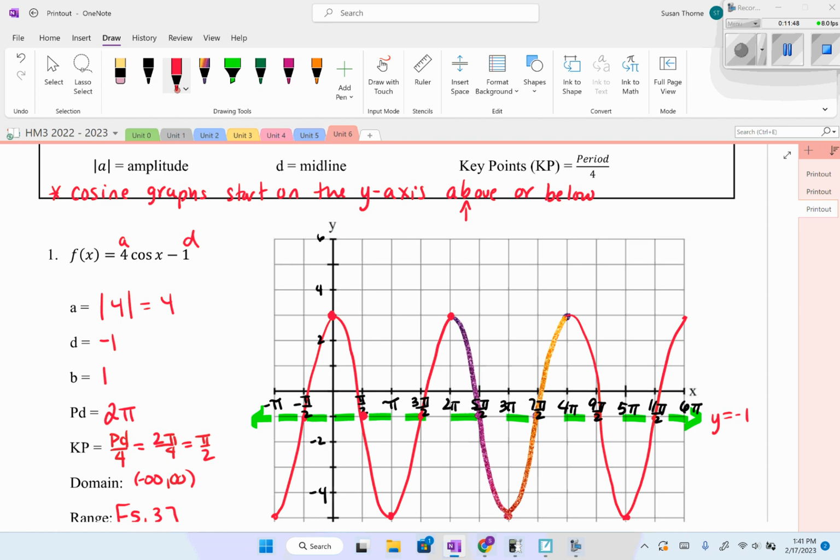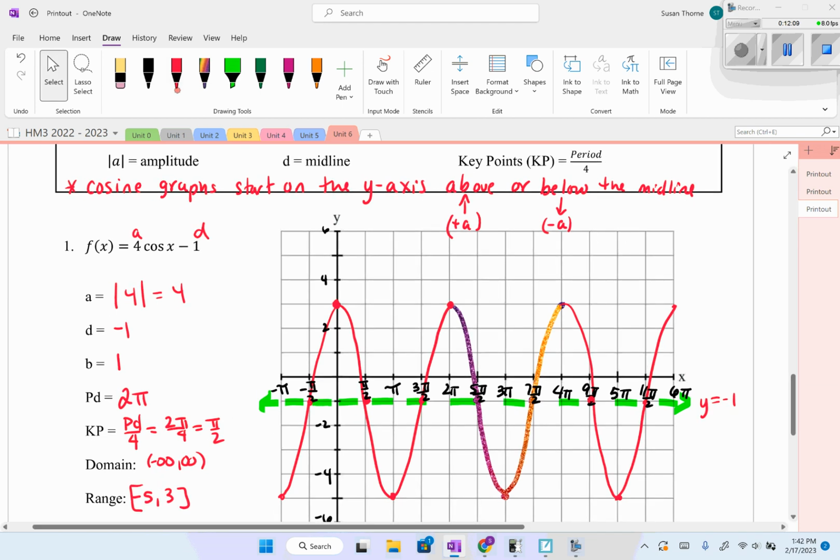So above if your a is positive, and if a is negative, then it would be below. I guess I should write this with the plus in front. The midline. Remember, sine starts on the y-axis on the midline, cosine is above or below, depending on if there's a negative in front. So let's look at the next equation, which is going to have a negative for our a value.